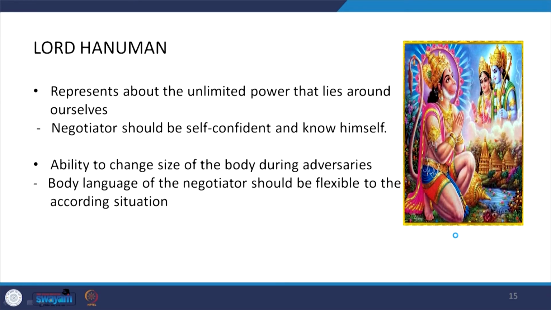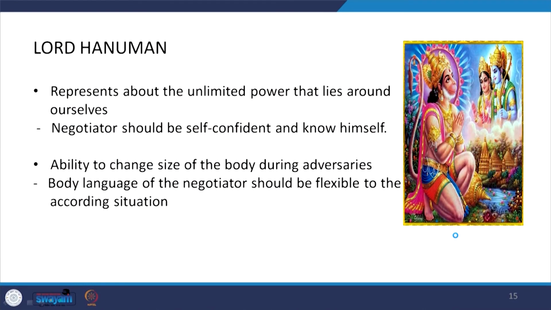A negotiator should be self-confident and know himself. So please believe in yourself. There will be no one from outside who will have this feeling of what you are. Your well wishers can only sensitize you, but ultimately the action is to be taken by yourself. And when you are able to take your action yourself, only then will the negotiator be confident, have self-confidence, and bring the results.